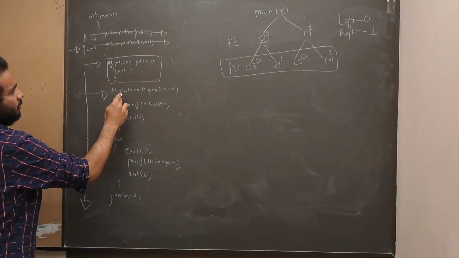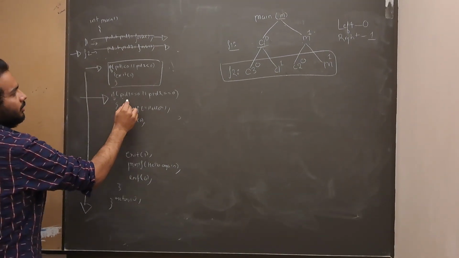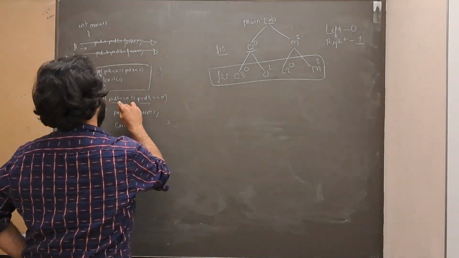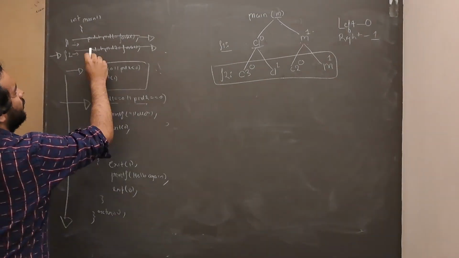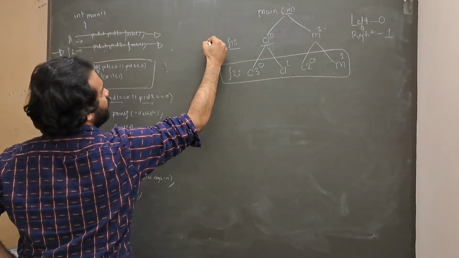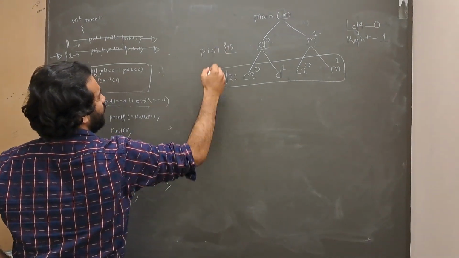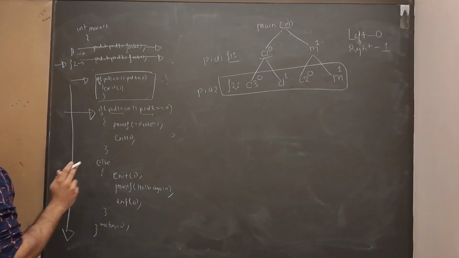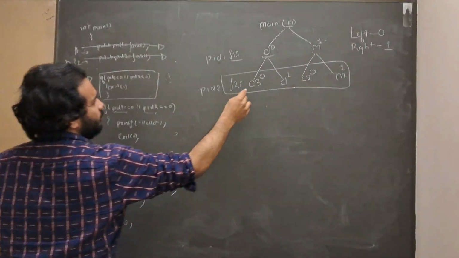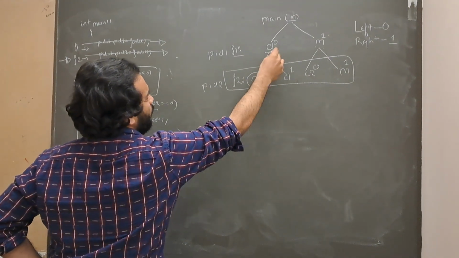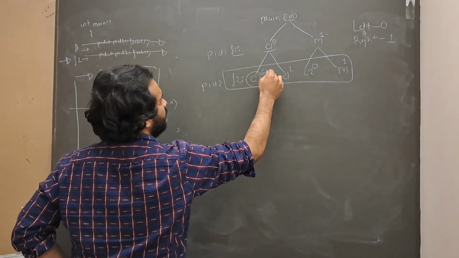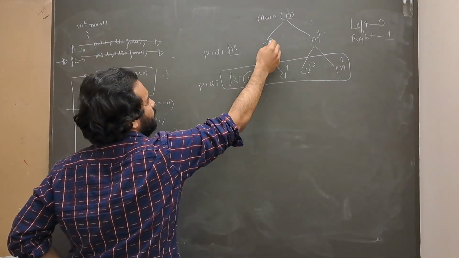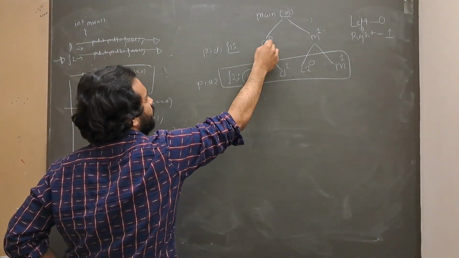So now we are checking the conditions PID1 and PID2. For PID1 we can write PID1 corresponding to F1 and PID2 corresponding to F2. Now when we have to check for the third child, all we have to do is look for the corresponding forks that are above the child C3 in the tree.